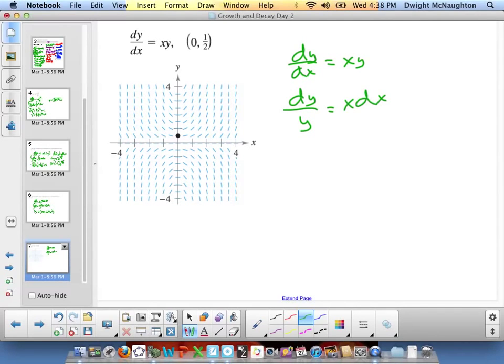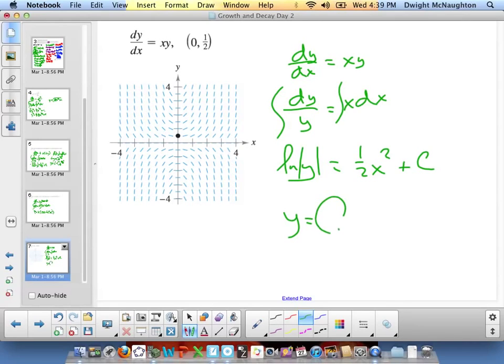All right, you can take a look, you can see that dy over y when you integrate it will be the natural log of y. Integration of x will be 1/2 x squared plus a constant. We got a log, so we'll exponentiate. y equals Ce to the 1/2 x squared. Remembering that this ends up even e to the 1/2 x squared plus c.